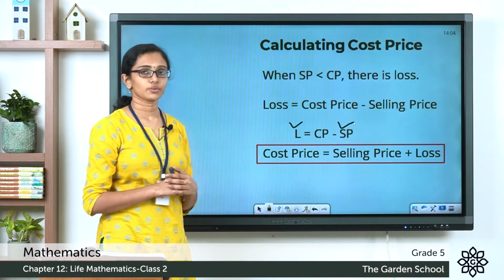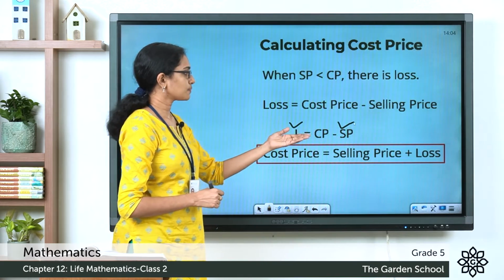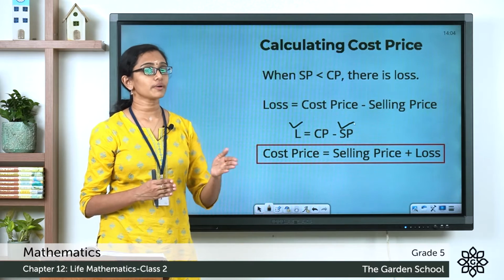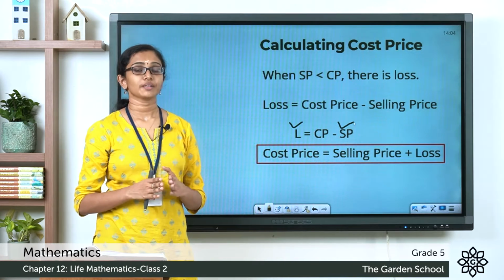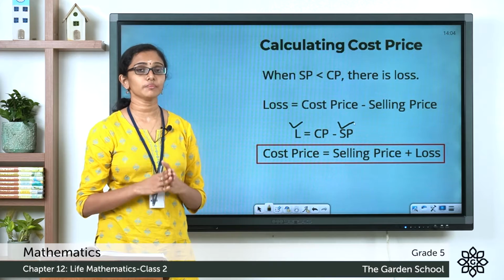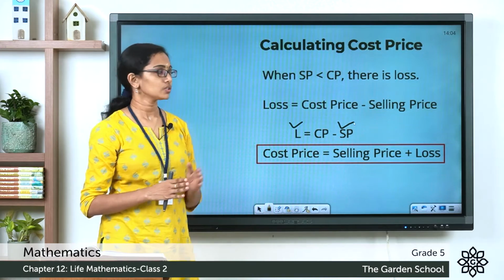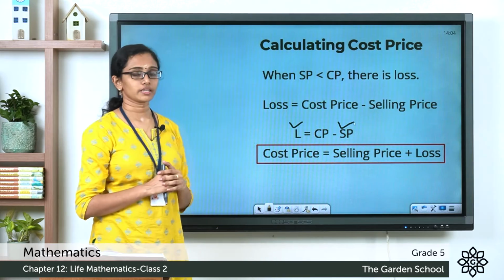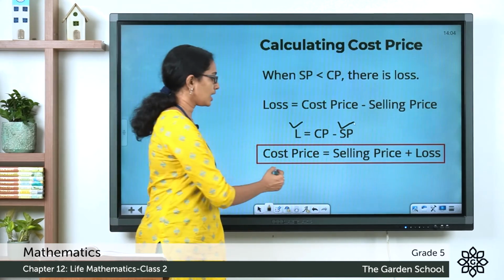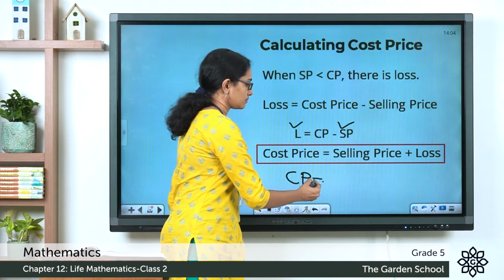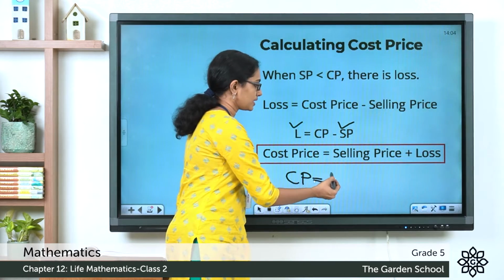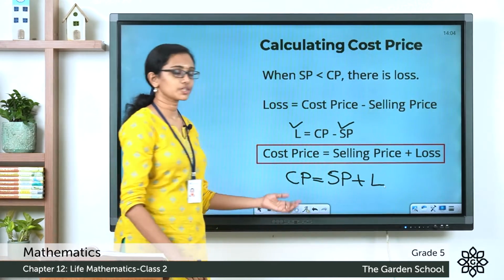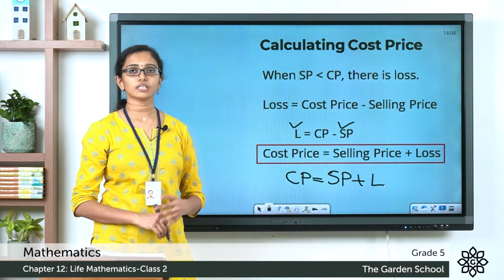The cost price is equal to the selling price plus the loss. When you have a loss, you are selling it at a lower price than the cost price. It means that the cost price should definitely be more than the selling price, right? So you just add the loss to the selling price to get the cost price. You may note down this formula in your notebook and make sure you know it. So CP is equal to SP plus L, or cost price is equal to the selling price plus the loss.